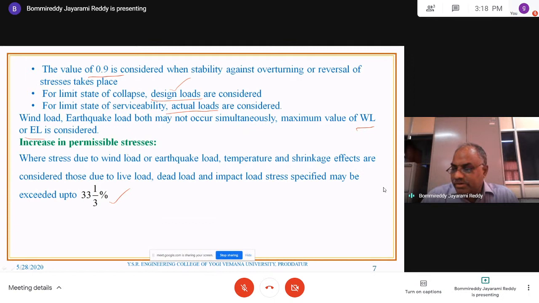Because when you consider wind load, effect due to temperature, effect due to shrinkage, all these into account, the permissible stresses may be increased by 33.1 percent. That means 33%.